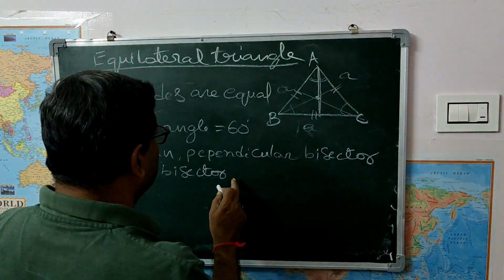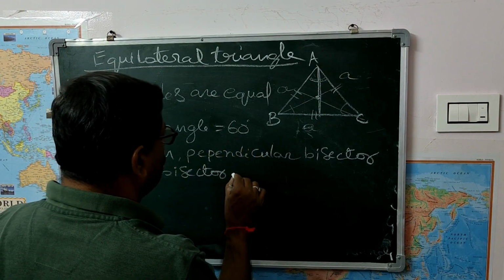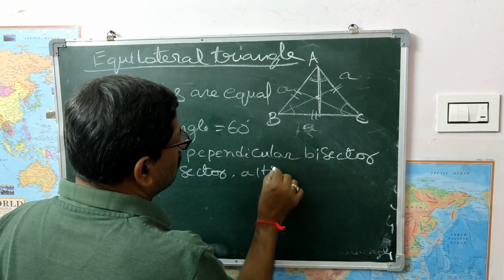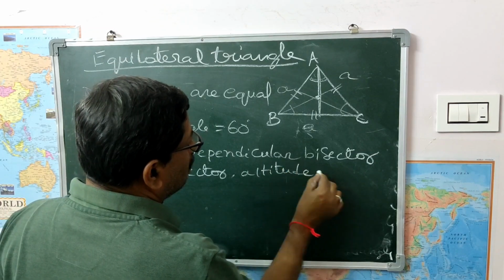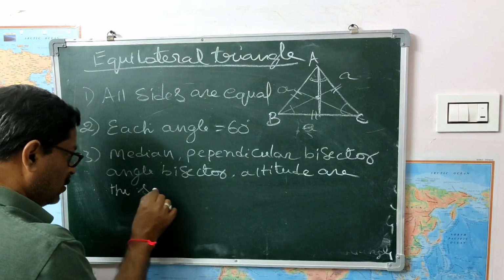Likewise, what is the other one? Perpendicular bisector, angle bisector, altitude are the same line.